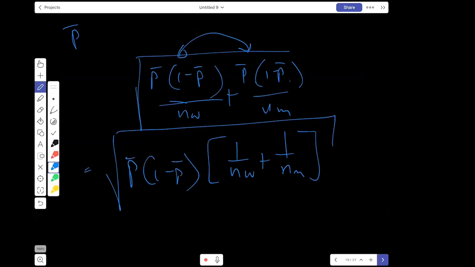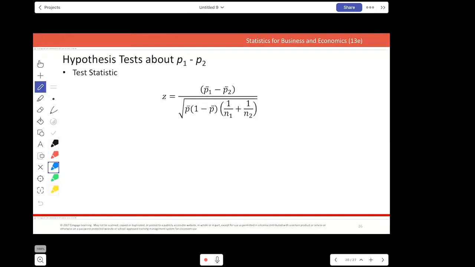So that's what you see right here as the standard error in the denominator. And then remember, with the test statistic, initially it would have been the sample value, P bar W minus P bar M, minus PW minus PM.